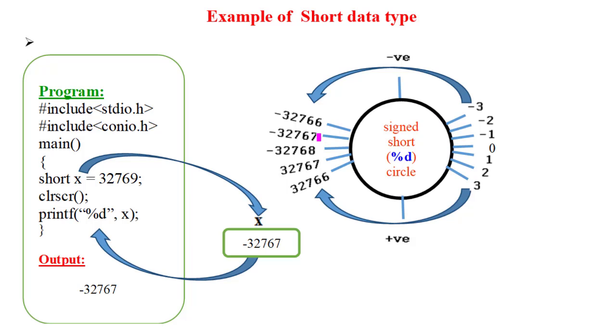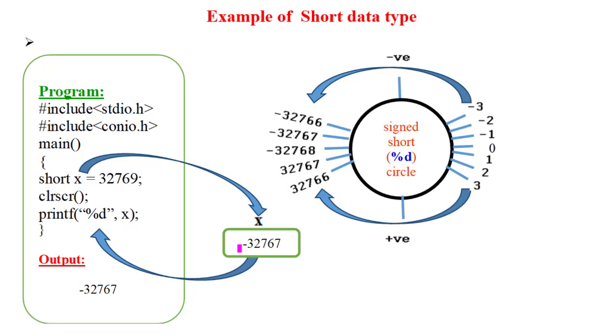That means the corresponding value of 32,769 is minus 32,767. So at that memory location, the value will be stored as minus 32,767. Now when we access that value by this instruction, the compiler will check what value is stored in the corresponding memory location.